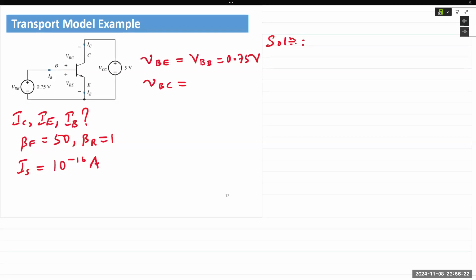Since positive is VBB, it would be VBB minus VCC, which gives me minus 4.25 volts. Thermal voltage is not given, but we can assume VT is 0.025 volts.